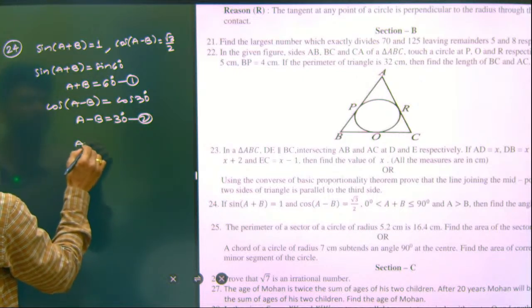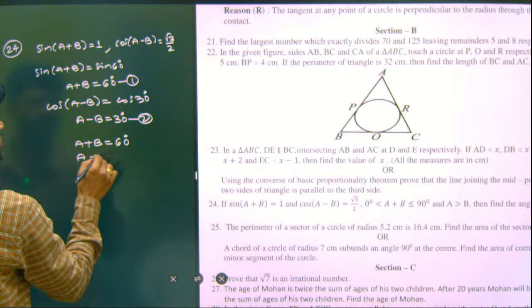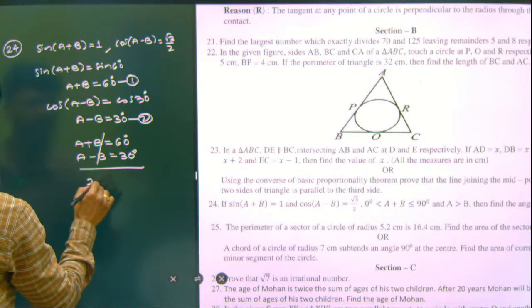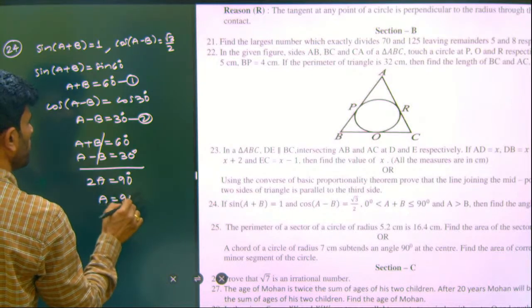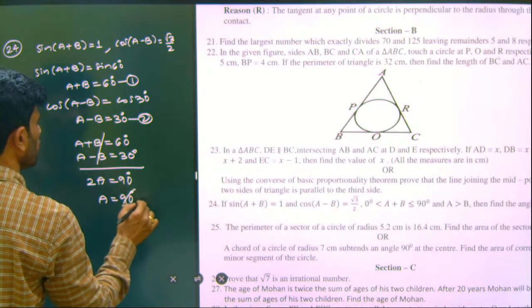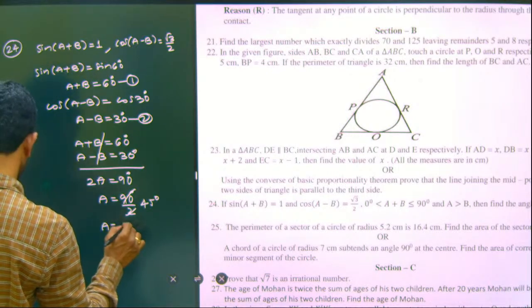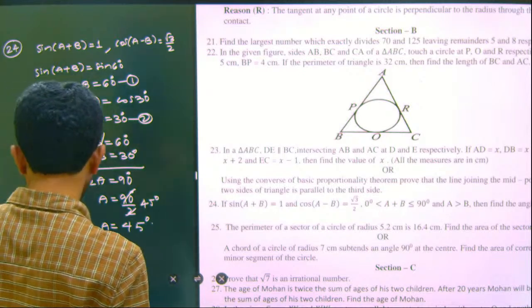So A plus B is equal to 90 degrees, A minus B is equal to 30 degrees. After the elimination method, 2A is equal to 120 degrees.